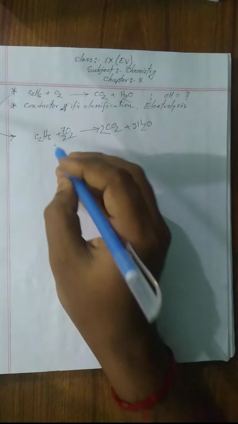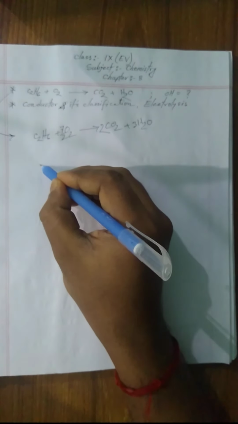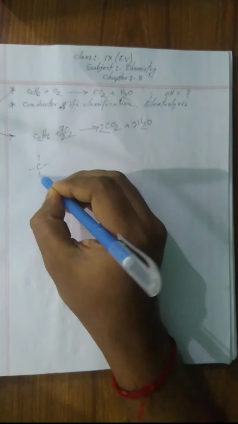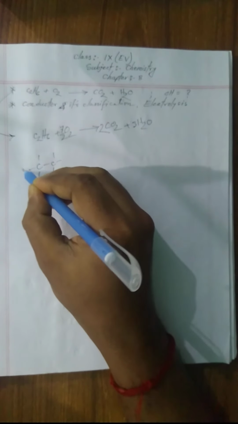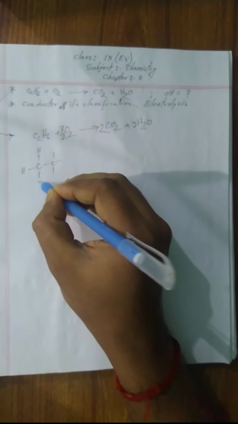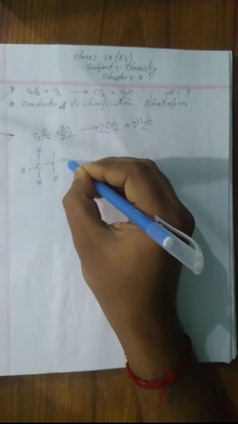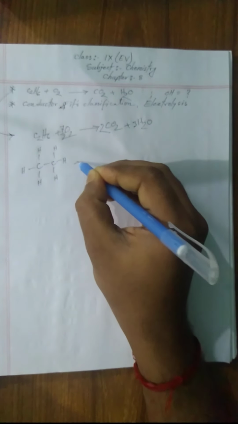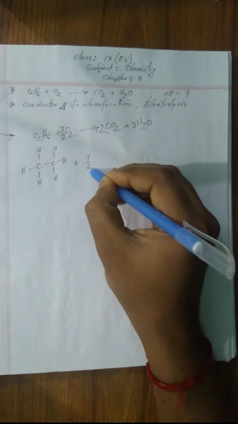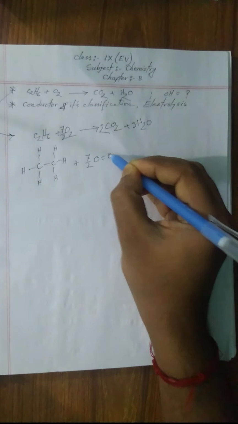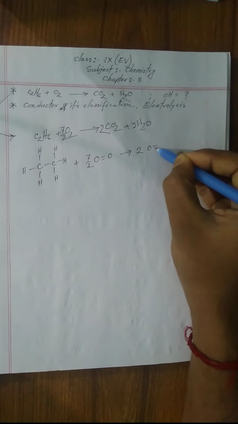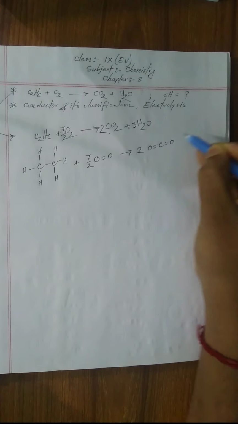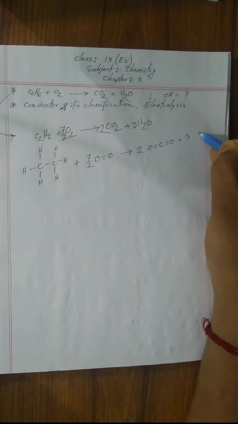Now we have to write it in structural formula. Hydrogen, 7 by 2 oxygen double bond, 2 structural formula of carbon dioxide, 3.